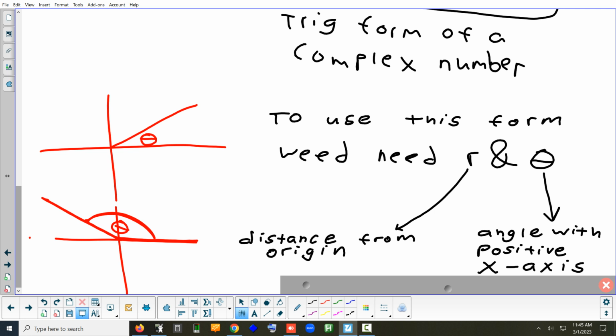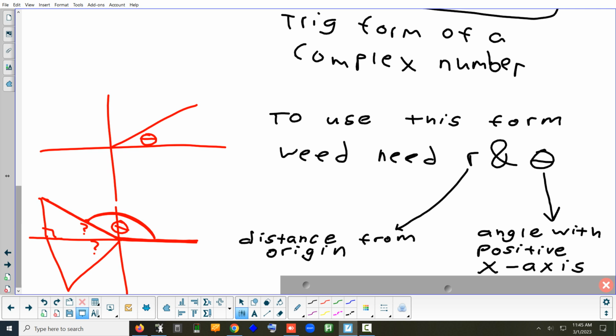So what we might end up doing is, if it's in quadrant 2, what I might do first is figure out that angle, and then subtract it from 180. Or if it was in quadrant 3, I might figure out that angle and then do what with it? Add 180. So we've done that kind of thing before.